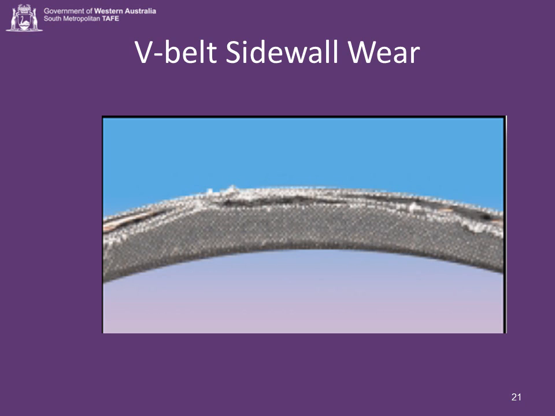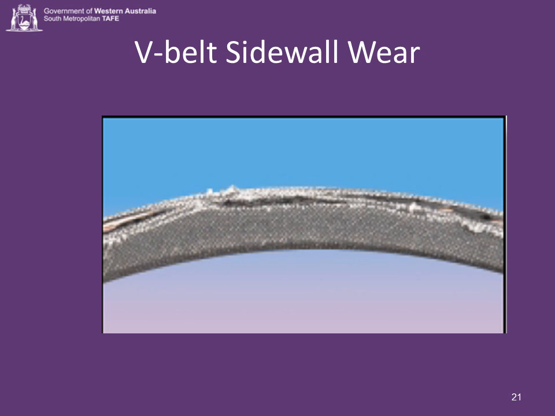Worn or damaged sheaves can cause sidewall wear, or the belt rubbing on the guard, or misalignment, insufficient tension, wrong belt type, improper storage, excessive heat, excessive oil or grease, an abrasive environment, excessive moisture, or improper tension.